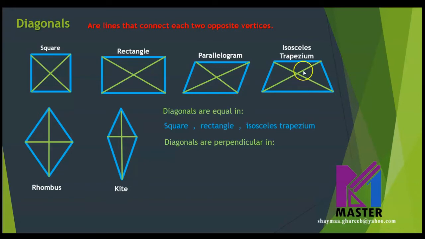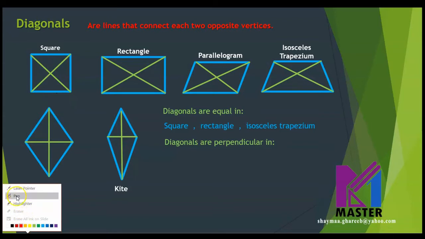Let's check together. Is this angle a right angle in the isosceles trapezium? No. It's so clear it's an acute angle. What about the parallelogram? Look at this angle. Is it a right angle? No. What about the rectangle? Is it a right angle? No. What about the square? What do you see? The two diagonals meet at a right angle.